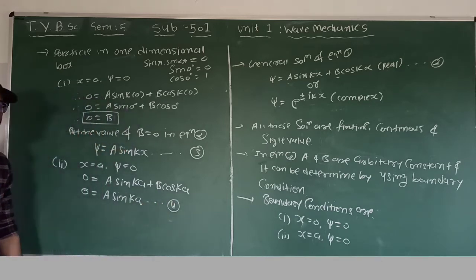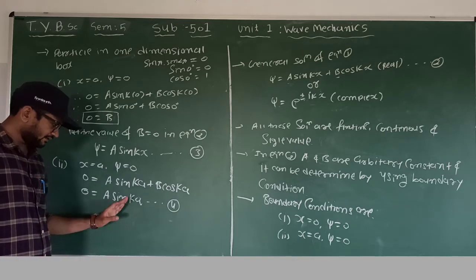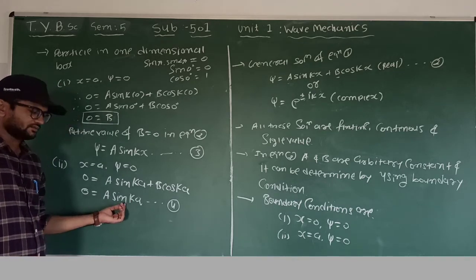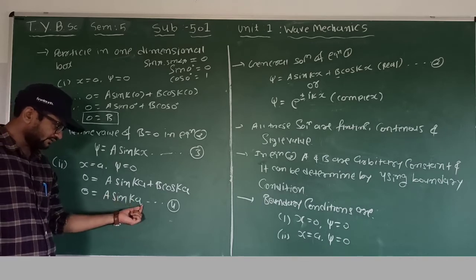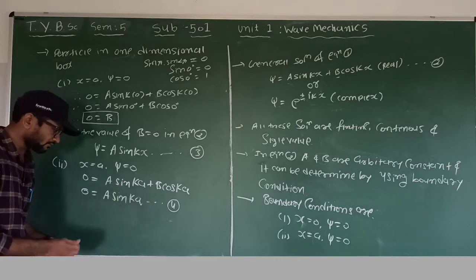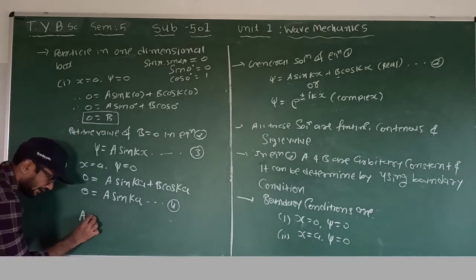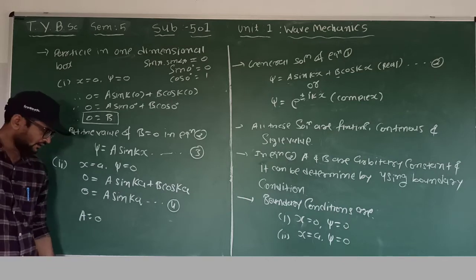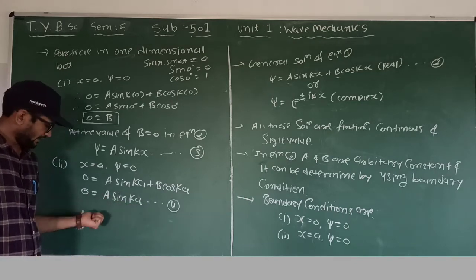Now the general solution of this equation, it means which conditions satisfy a sin ka is equal to 0. There are two conditions. First one is if the value of a is equal to 0, then 0 into sin ka is equal to 0.